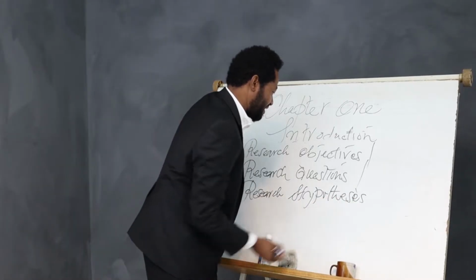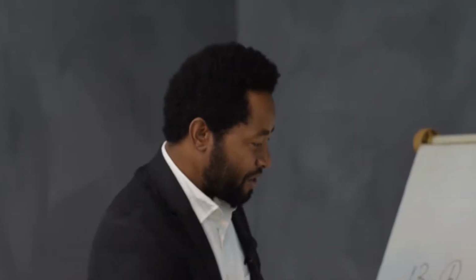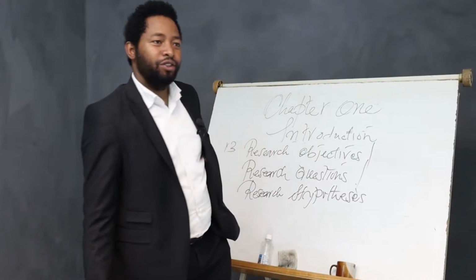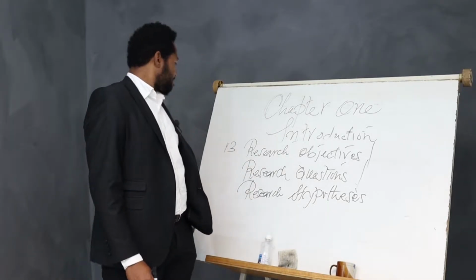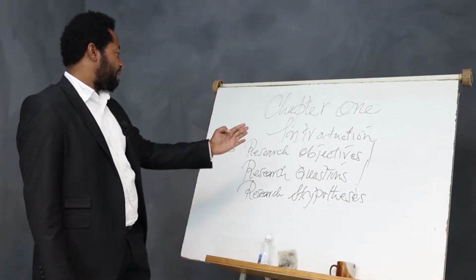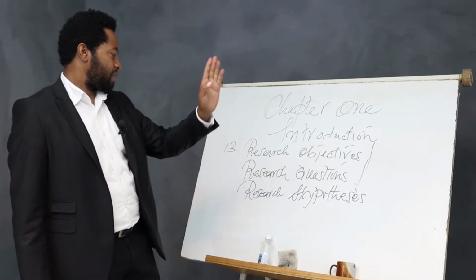Hypothesis when it is one, and hypotheses when there are many. I differentiate them. These are many hypotheses. So now I move to this part: research objectives / research questions / hypothesis.